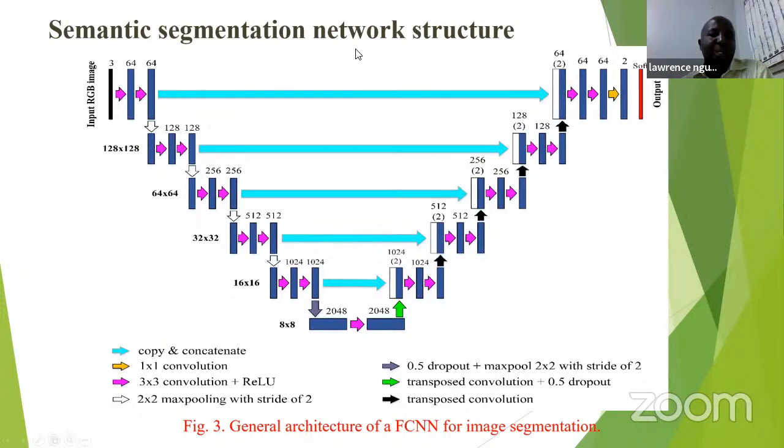Otherwise, the network would become too computationally expensive to handle on the computer. So one way of dealing with this was to carry the lines in blue here, to carry some of this information across to the decoder, so that when carrying out the decoding operation, we still benefit from earlier information obtained at the earlier stages of the network. And this way we are able to get accurate segmentation.